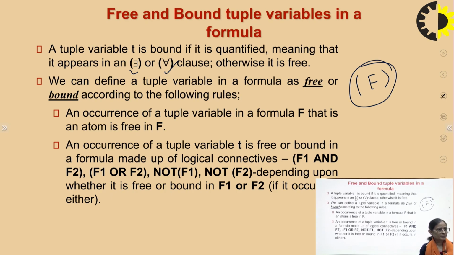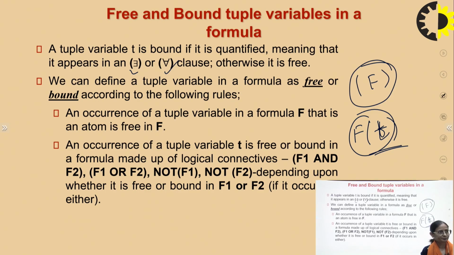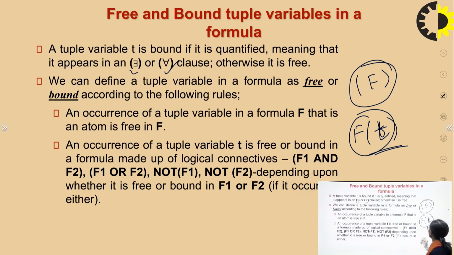An occurrence of a tuple variable in a formula F that is an atom is free in F. If we have only formula F working on a tuple T, then it is always a free tuple, but the condition is that it is an atom. That is, this is only for a single atom formula.